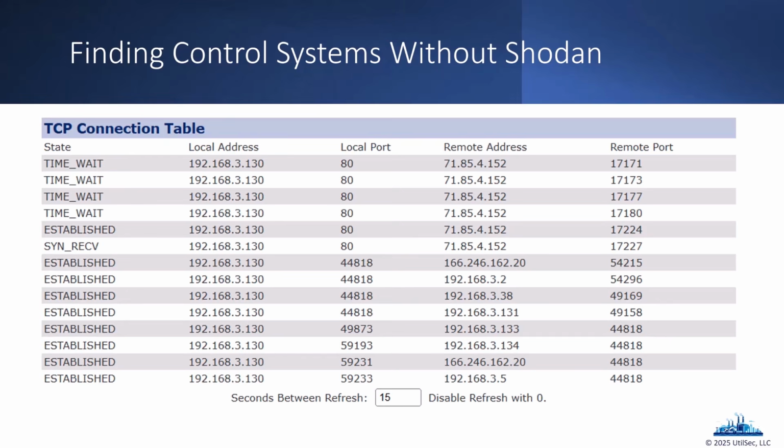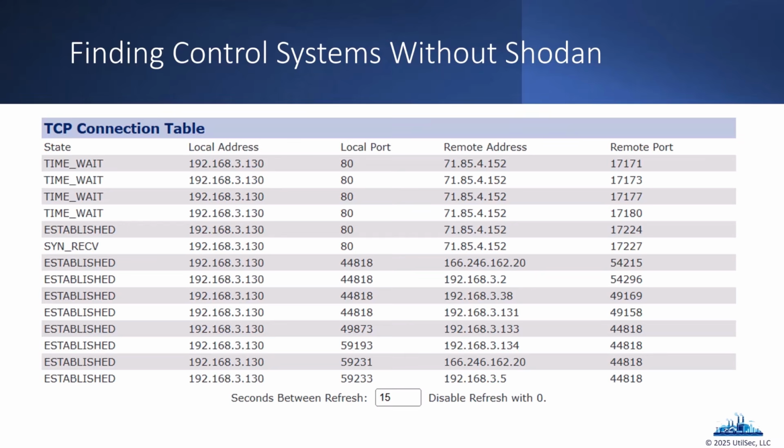Now, this is the page that I really like and find fascinating, because this is the TCP connection table, like if you run netstat on Windows or Linux, right? It shows you all the active connections with the system. So you can see the internal IP address of the PLC is 192.168.3.130. But then you can also see people connecting to it over port 80.